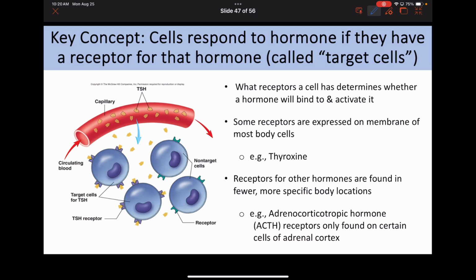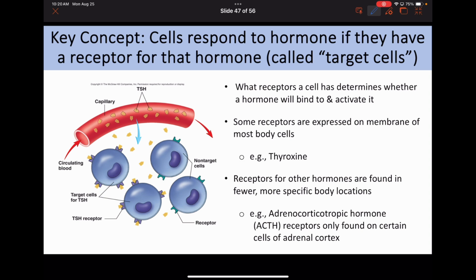On the other hand, there are some hormones that are very specific and only target a very specific area of the body. We have another hormone that we'll talk very little about, but we'll still mention it, just to show you how specific it can be. We have something called adrenocorticotropic hormone.